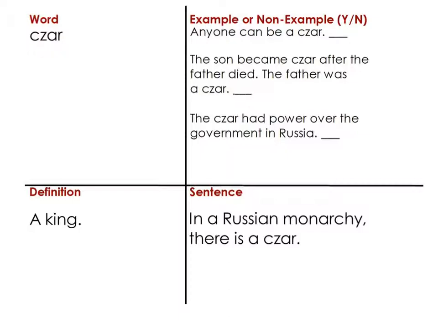Tsar, Tsar, Tsar. The definition is a king. Sentence. In a Russian monarchy, there is a Tsar. Let's read example or non-example. You decide yes or no. Anyone can be a Tsar.